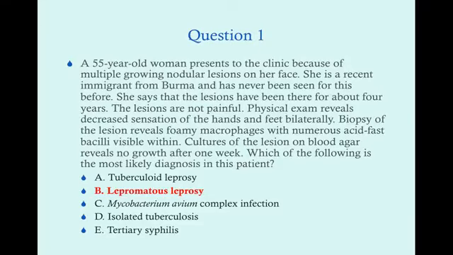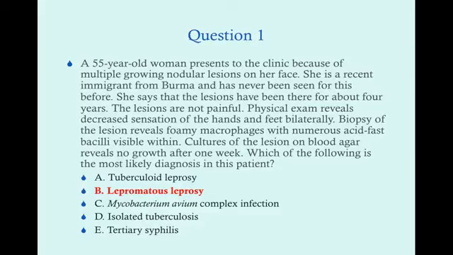What are acid-fast bacilli? Pretty much everything from the genus Mycobacterium is going to be acid-fast. So that's Mycobacterium tuberculosis, Mycobacterium avium, Mycobacterium leprae, etc. And that makes up A through D.